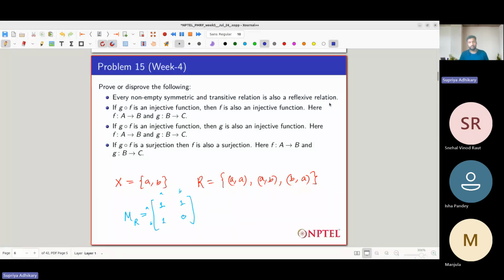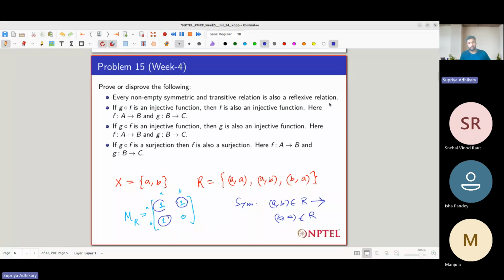Now, is this symmetric? If we consider this AB, so AB belongs to this relation. The condition for symmetric was that if AB belongs to the relation R, then BA should also belong to the relation R. Now AB is in this relation, and BA is also in the relation.